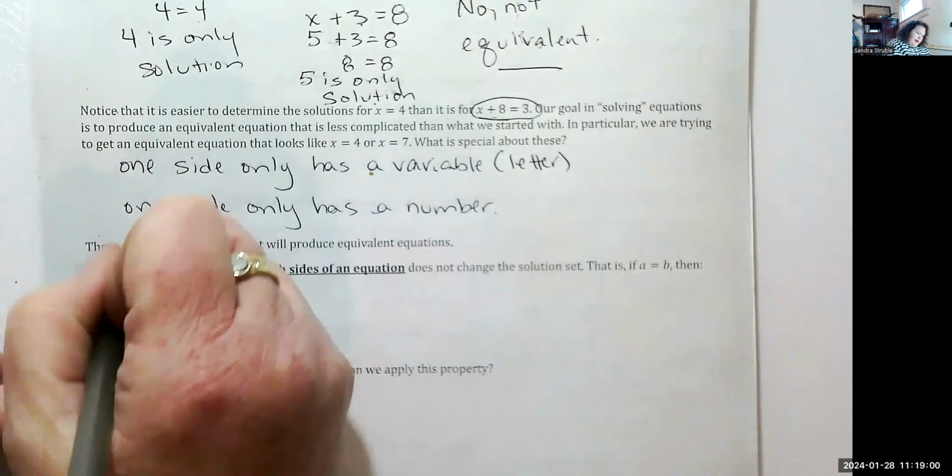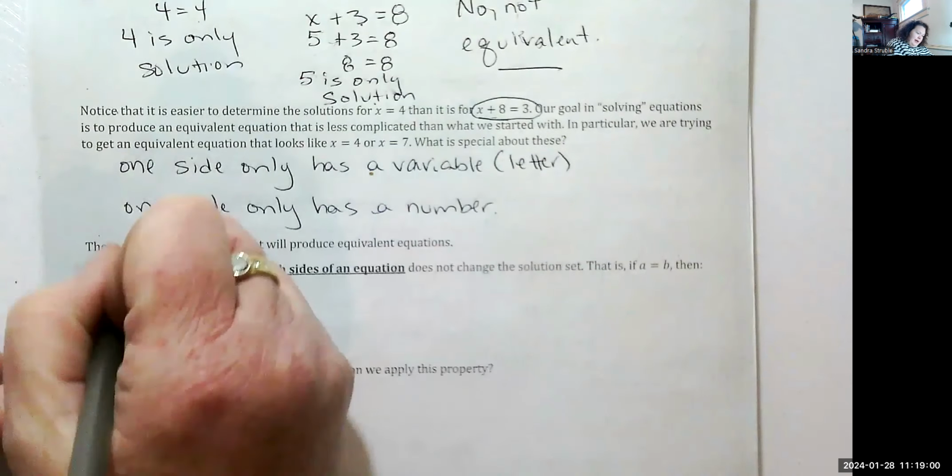If A equals B, then I can add C to A. But what I do to one side, and you're going to hear me say this a whole bunch this semester, what you do to one side, you have to do to the other, because there's this cute little thing called an equal sign.